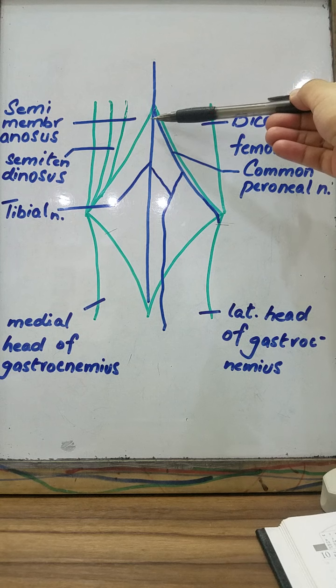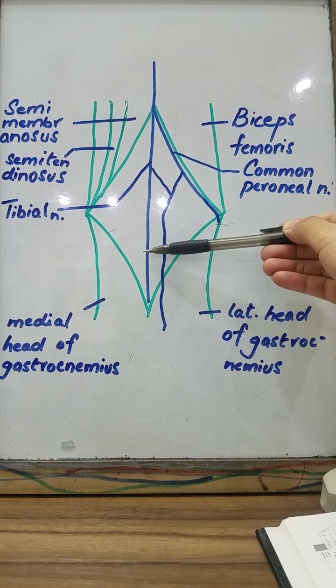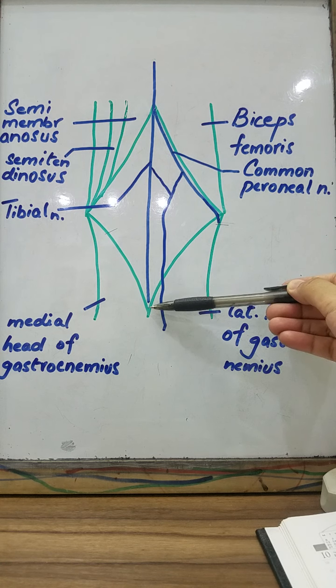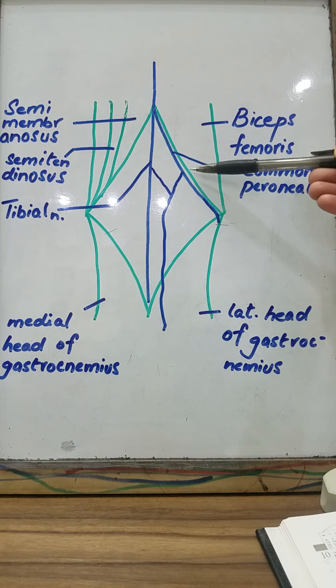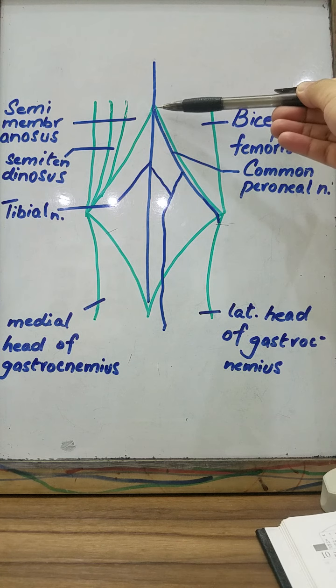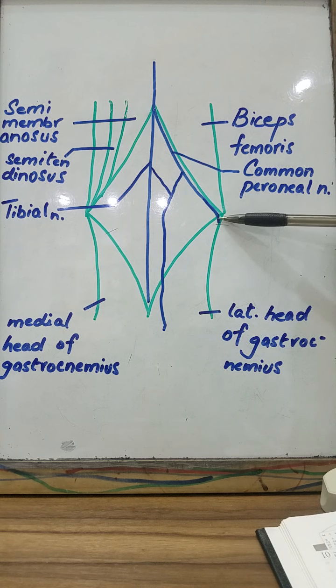Now the tibial nerve descends down in the center of the popliteal fossa like that, and the common peroneal nerve travels along the margin of the biceps femoris muscle on the lateral margin, supralateral margin of the popliteal fossa.